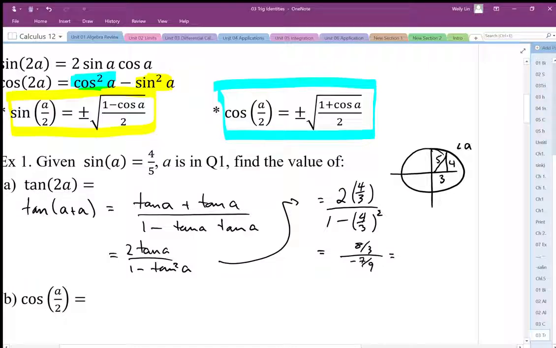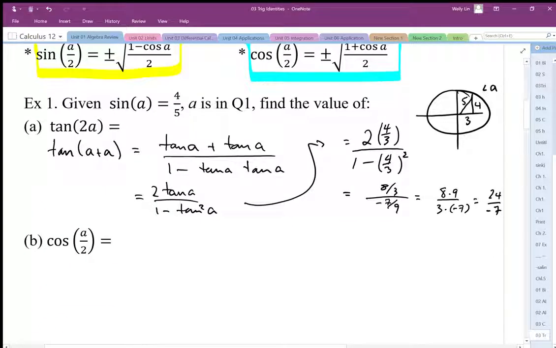So I'm going to end up with 8 times 9 on top, 3 times negative 7 on bottom. Cancel some common factors, and we're going to end up with 24 over negative 7. So there's the tan of the double angle, the double angle of that angle, not alpha, but angle A.